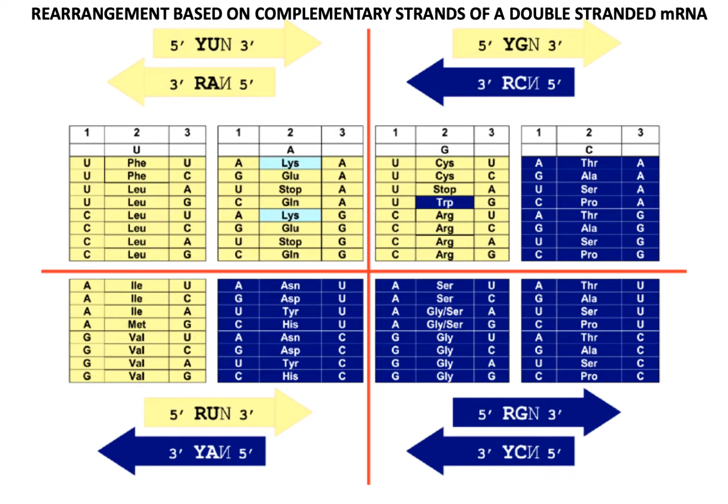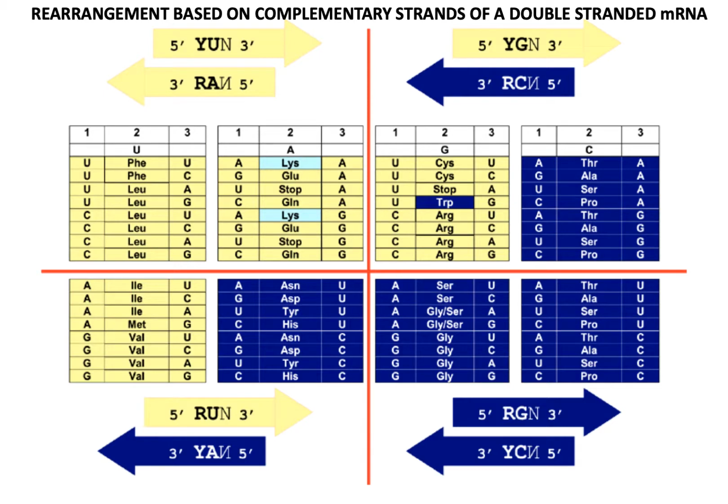You can rearrange the genetic code in a slightly different way, or actually a very different way, by looking at the codons and the complementary codons, so looking in one direction versus the other direction, and you come out with something that looks very organized.